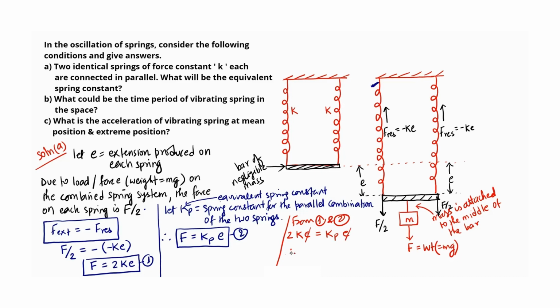Therefore, equivalent spring constant Kp equals 2 times the spring constant of each spring. So we find this. Clear?